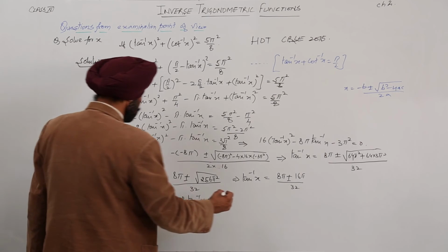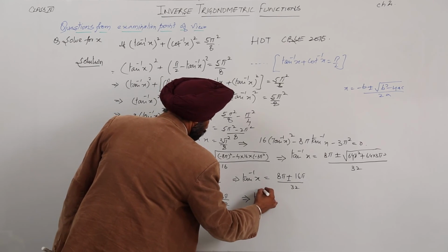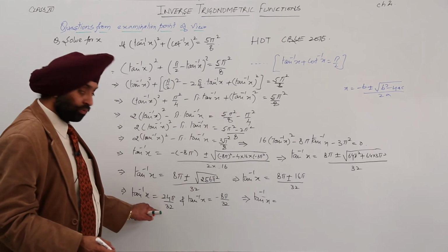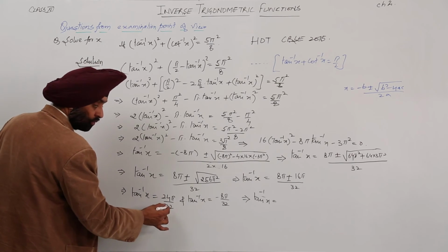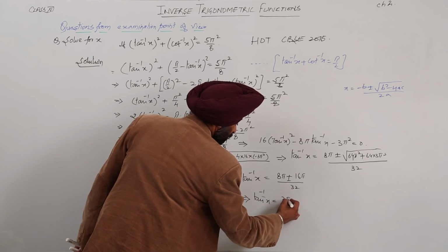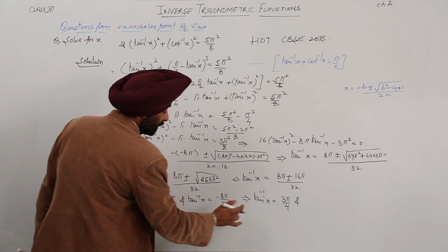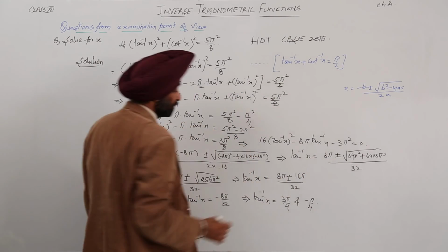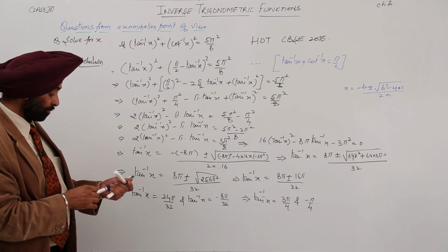Finally now 24 upon 32 becomes what? Correction, 8 threes are 24, 8 fours are 32. So it is 3 pi by 4, and for this part minus pi by 4. We are getting two answers, tan inverse x is 3 pi by 4 and minus pi by 4.